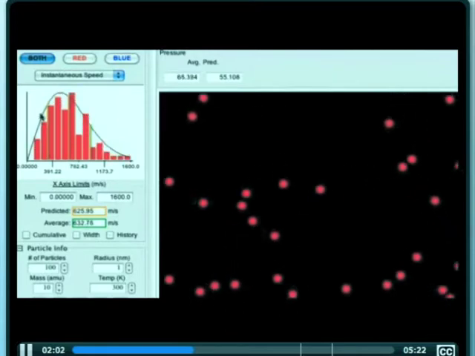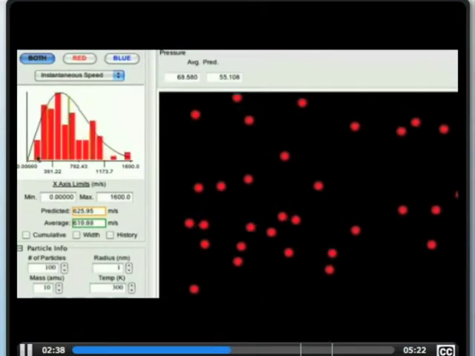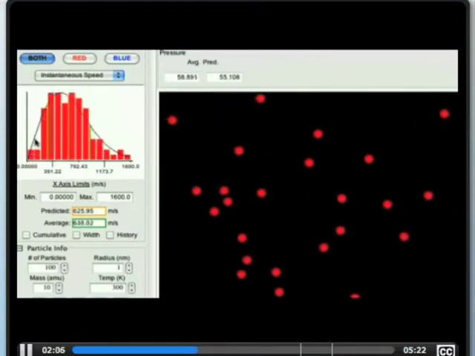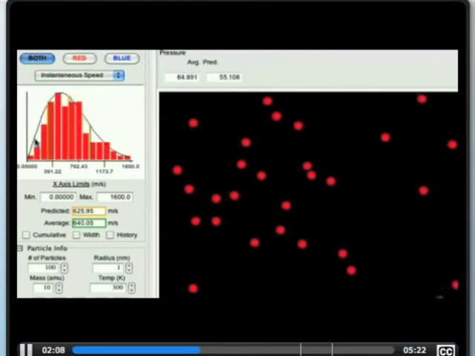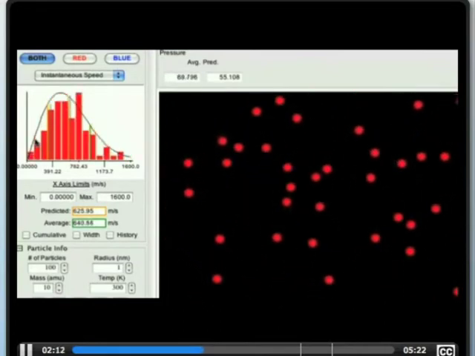We notice right away that there is a whole range of speeds, from particles moving very slowly at the left side of the x-axis to particles moving incredibly rapidly toward the right side of the x-axis.